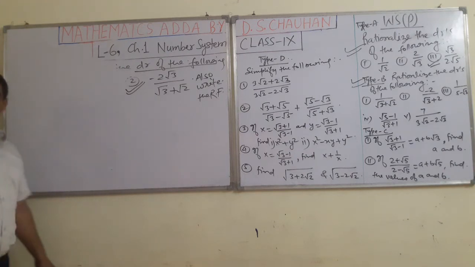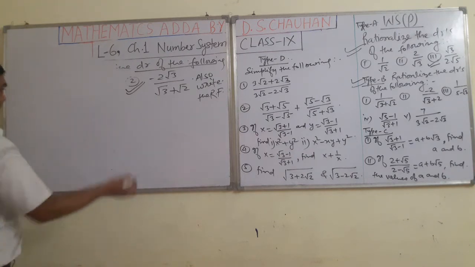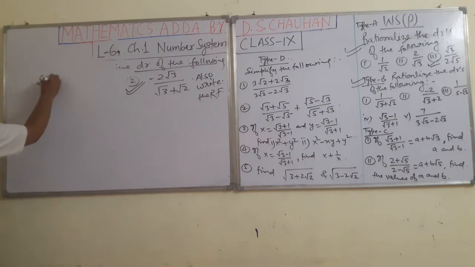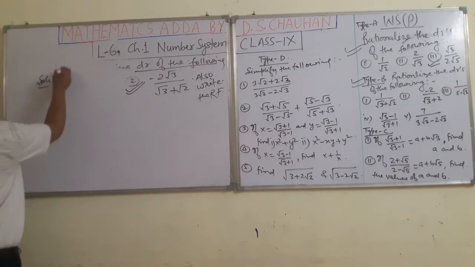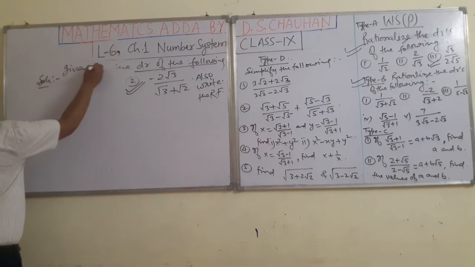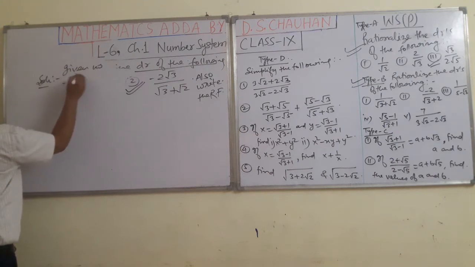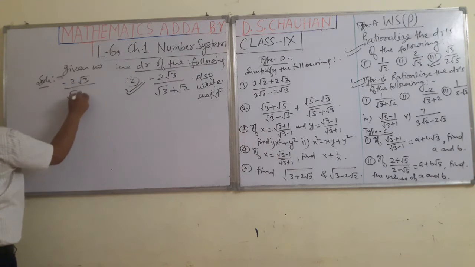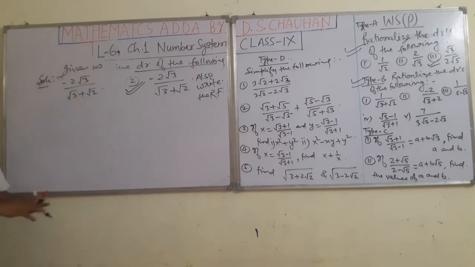Also to find out the rationalization factor RF. See how to do. Telling solution. Try to understand. Given number, it is minus 2 under root 3 upon under root 3 plus under root 2.